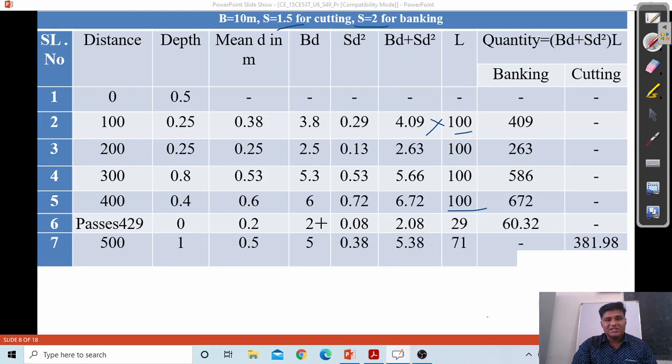Here 429 minus 400 is 29. 500 minus 429 is 71. Only in this portion, where it is passing from filling to cutting, the distance changes; the rest remain the same, that is the interval of 100 meters. 4.09 into 100 gives 409. Here you have to make two columns, one for banking and one for cutting. This is filling and this is cutting. Up to this portion there is filling, and this is negative, then comes the cutting.